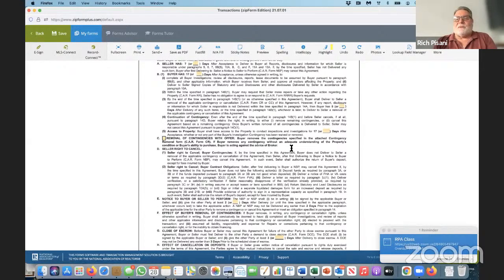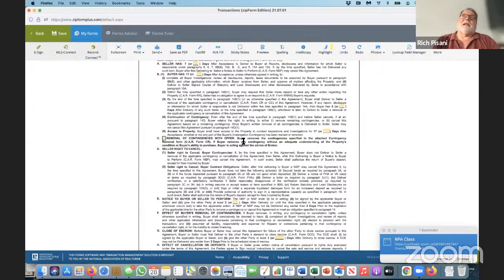Removal of contingencies with offer. If the buyer is removing all contingencies with the offer, they will attach a contingency removal, removing all contingencies. What else must that buyer sign? Every one of my offices, and I'll make sure if there's anybody from Larchmont out here, that Larchmont also has this.